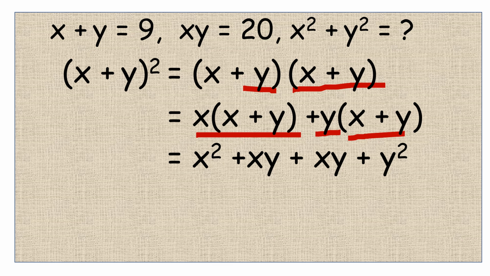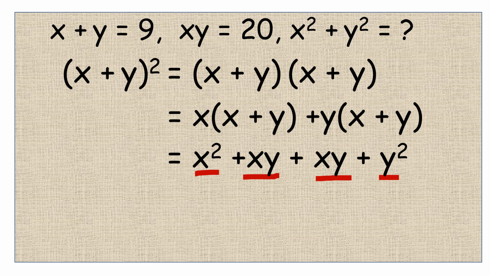X times y, we have xy, and then y times x is yx, which is also the same as xy, and then we have y times y is y squared. So that's what we have when we try to expand this equation.